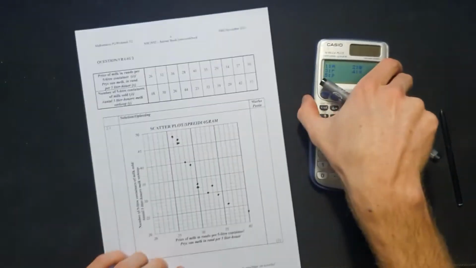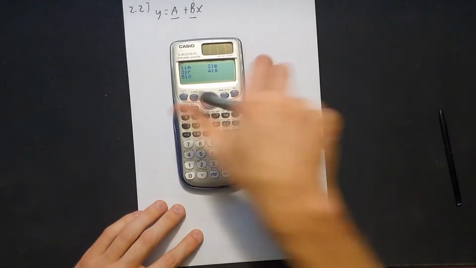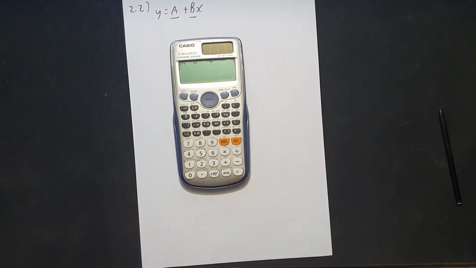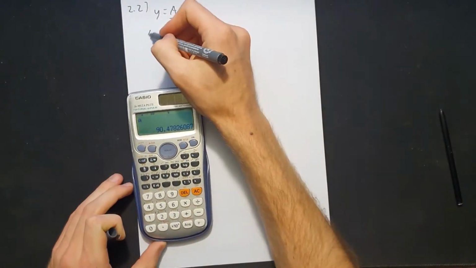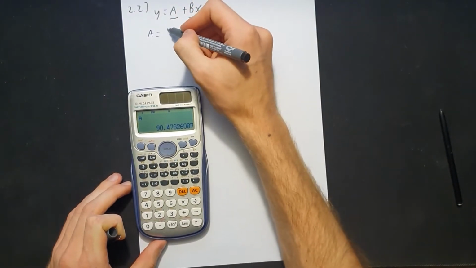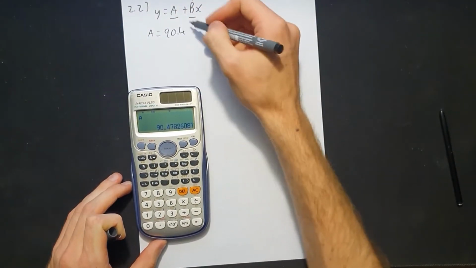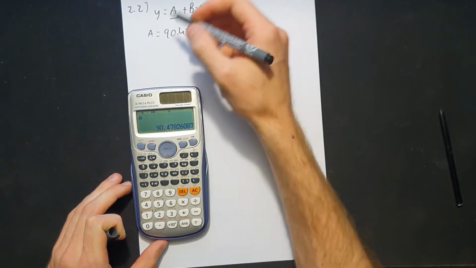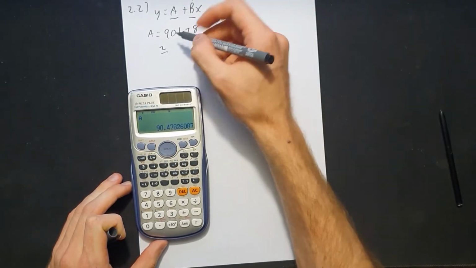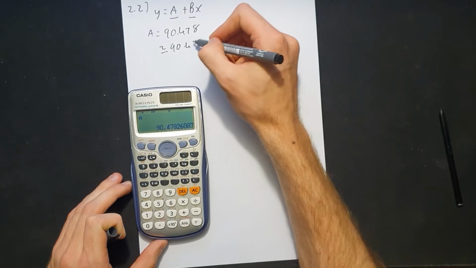Okay, so looking for the equation over here, if I push 1 and then equals, I get an answer for A of 90.478. Okay, and you can round that off to 2 decimal places, so 90.48.